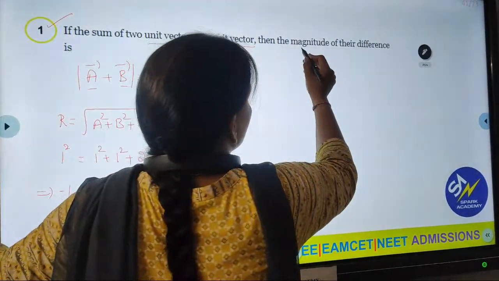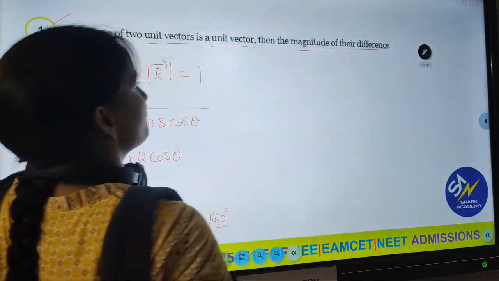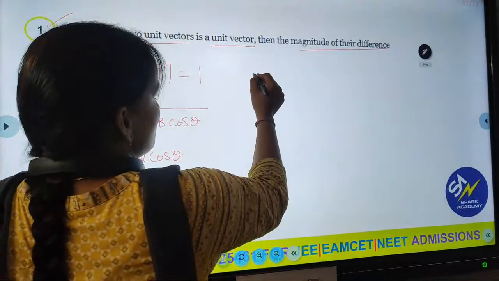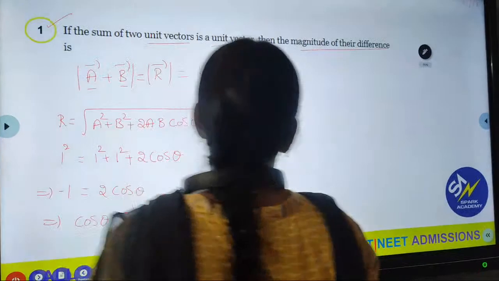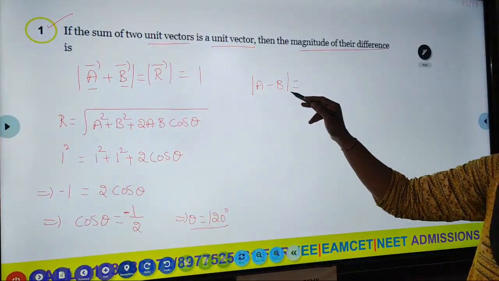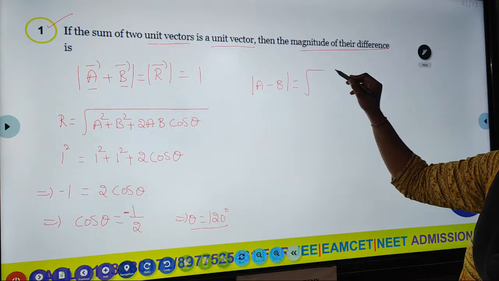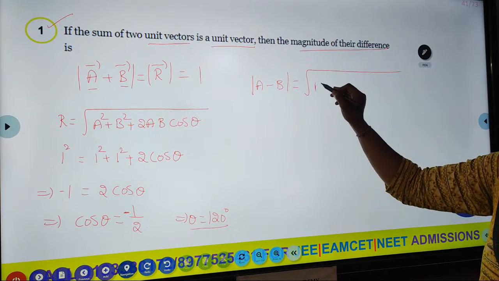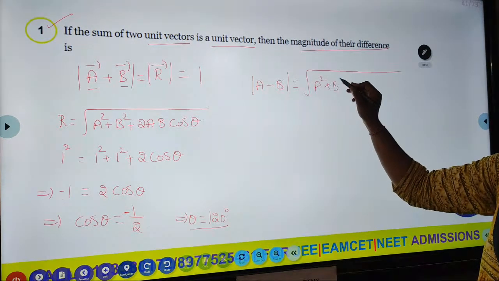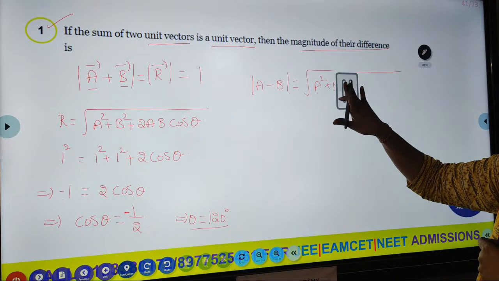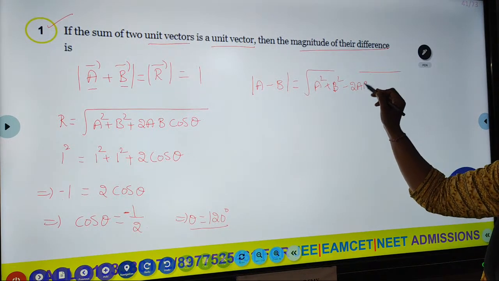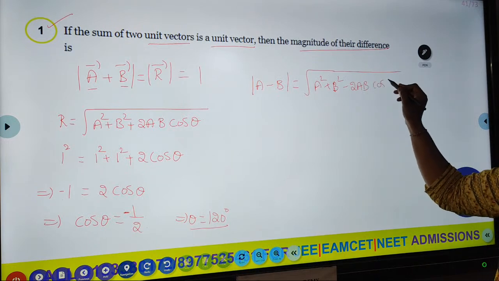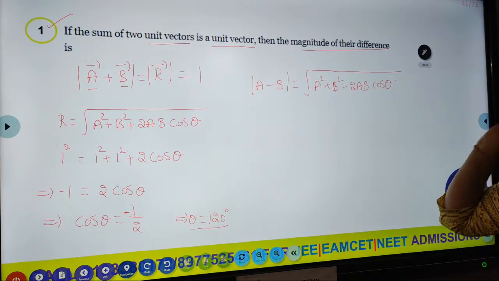But they are asking the magnitude of their difference. So now we take the magnitude of the difference between the vectors, which is subtraction. So here we use the formula square root of A square plus B square minus 2AB cos theta.